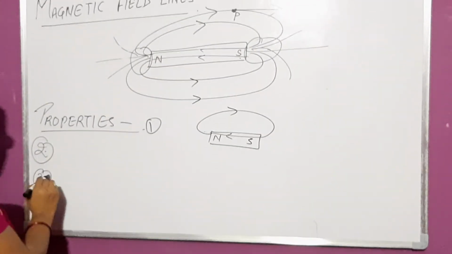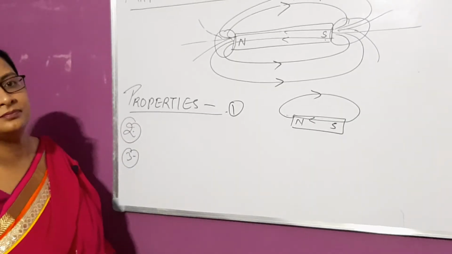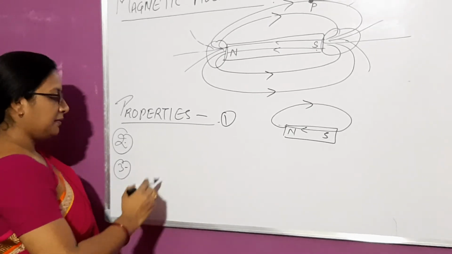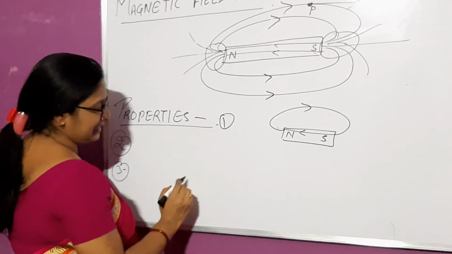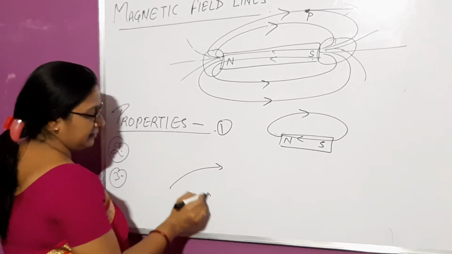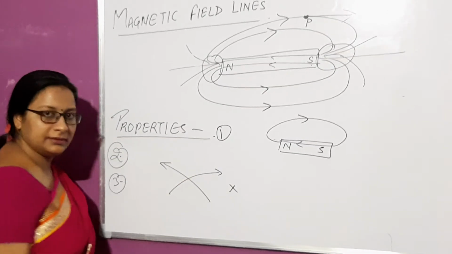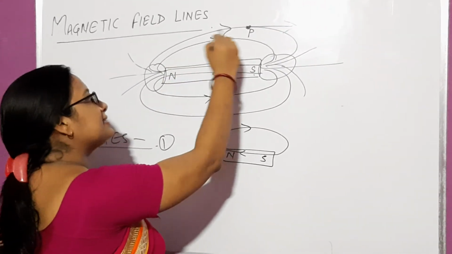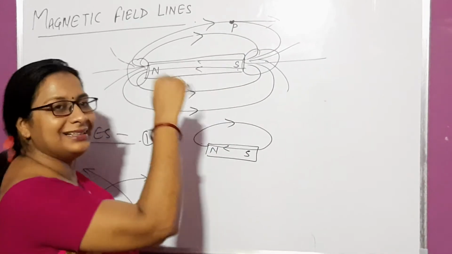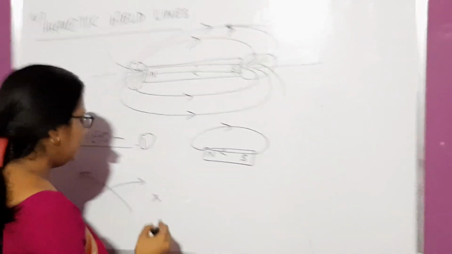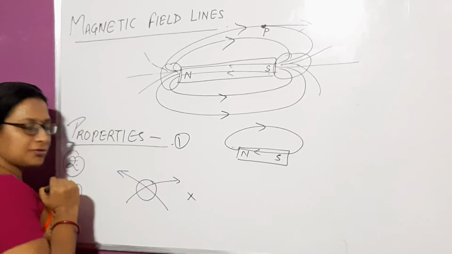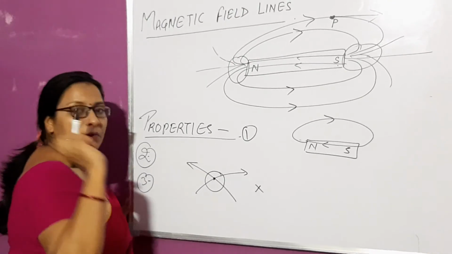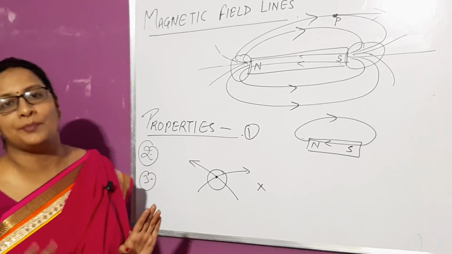Third property: magnetic field lines never intersect each other. This is not possible, because we know that magnetic field lines outside the magnet go north to south and inside south to north, and if they intersect, at the point of intersection they would represent two directions of the magnetic field, which is not possible.